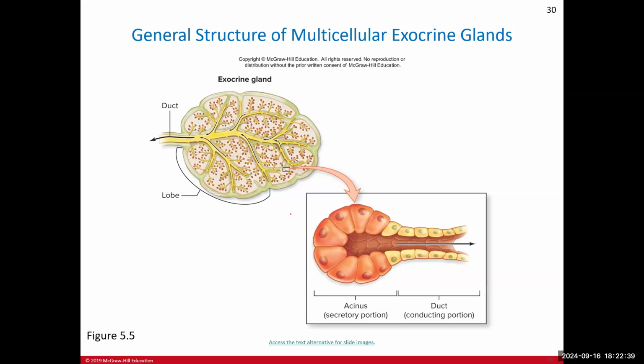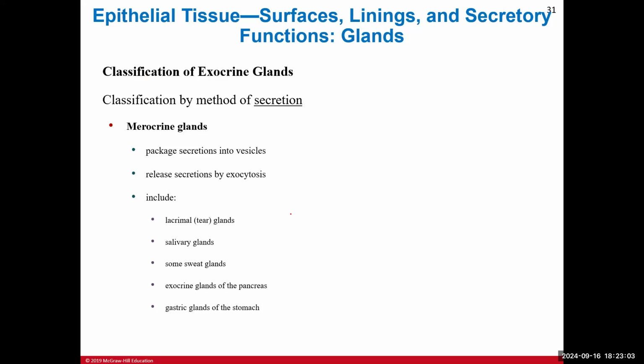So parts of this dense irregular connective tissue push inwards to the center of this gland and create little partitions. These partitions create structures we call a lobe. So the lobe isn't the whole gland, but it's a significant part of the gland in which these sections of the capsule have separated parts of the gland from one another.